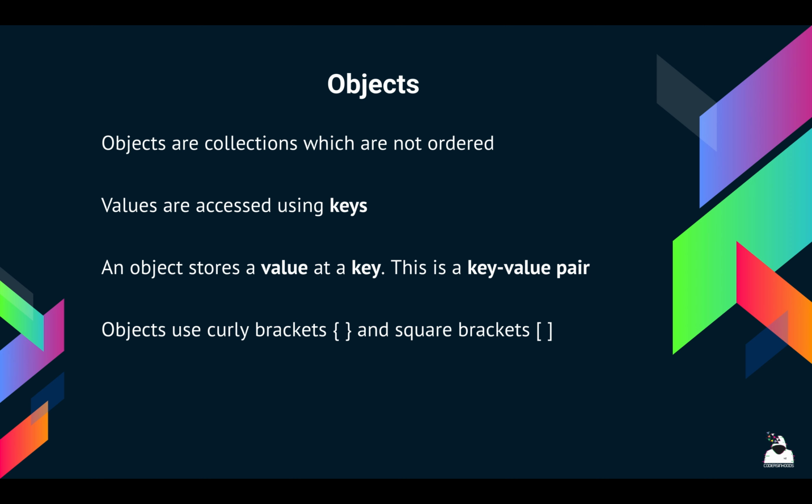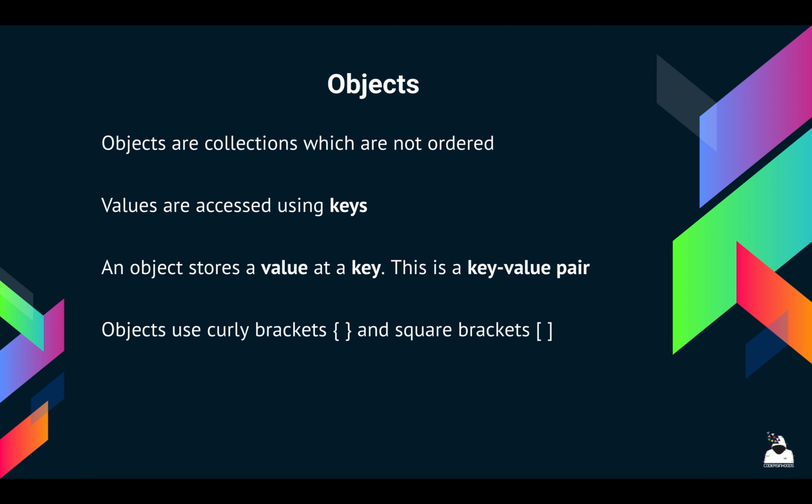But ultimately they're just collections. An array is a collection which is ordered. Objects are collections which are not ordered. And the values that we store inside our collection are accessed using keys. Now in an array, our keys are indexes. In an object, a key is a string.